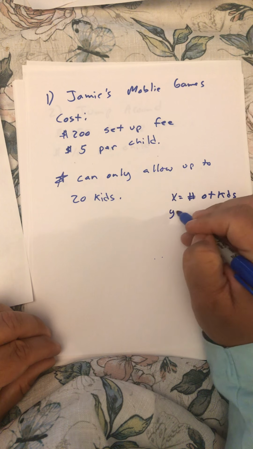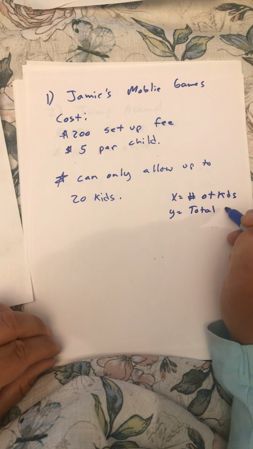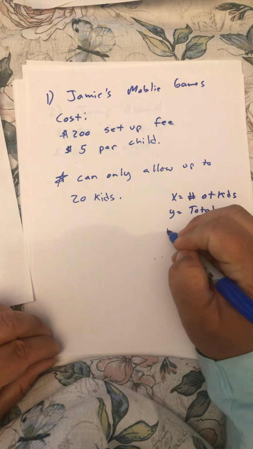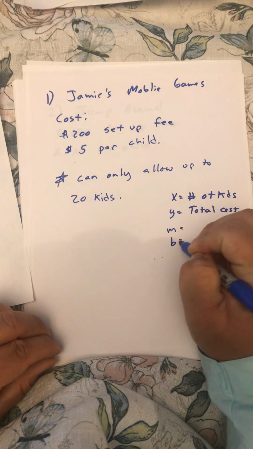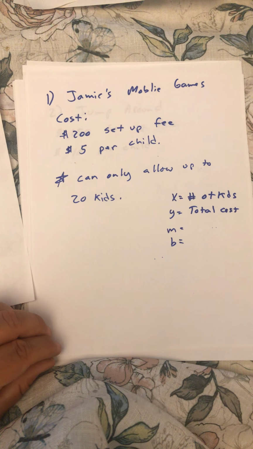Our outcome is going to be our total money, total cost. And so we have to figure out our m and our b. Like I said before, our m is rate of change.